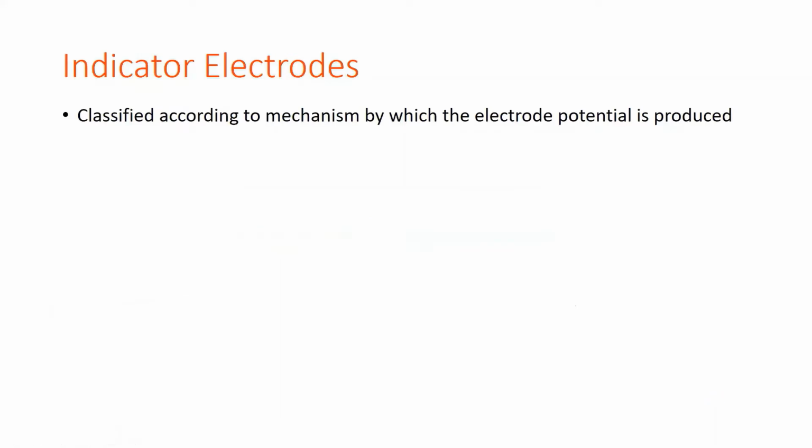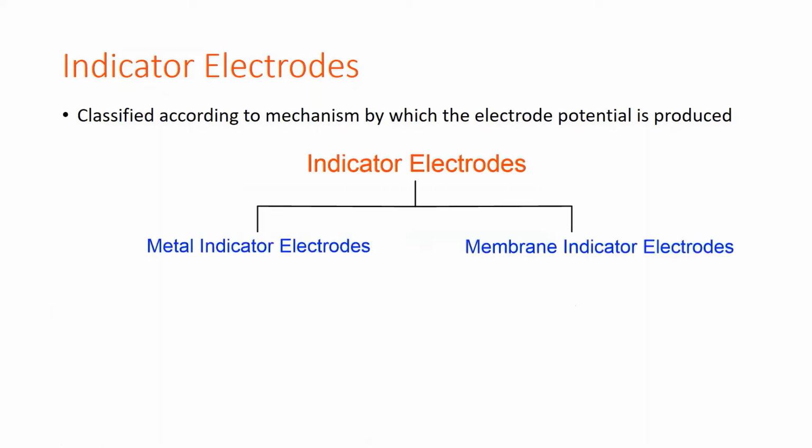Indicator electrodes are classified according to the mechanism by which the electrode potential is produced. Indicator electrodes are metal indicator electrodes or membrane indicator electrodes.